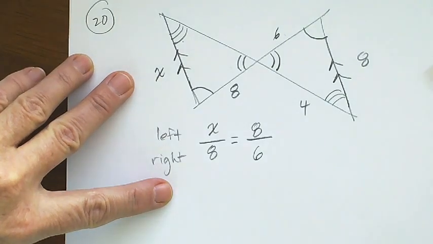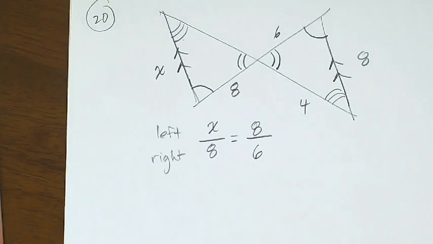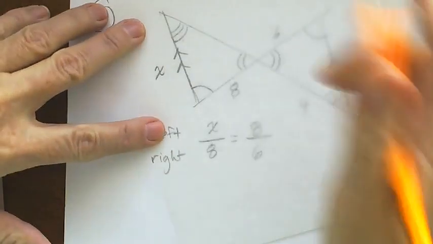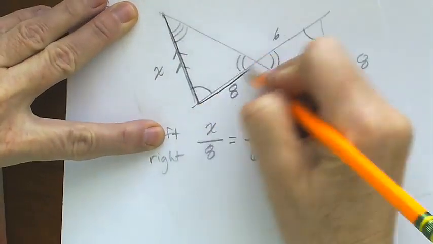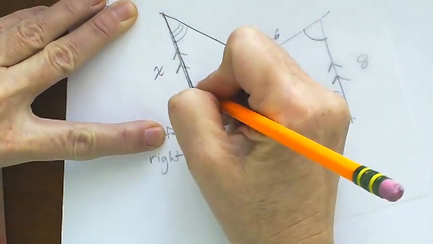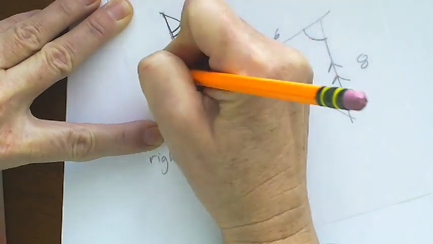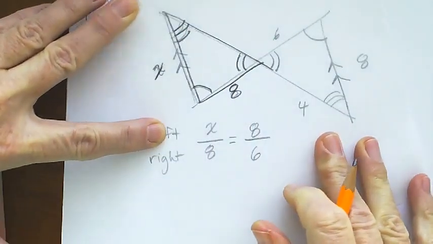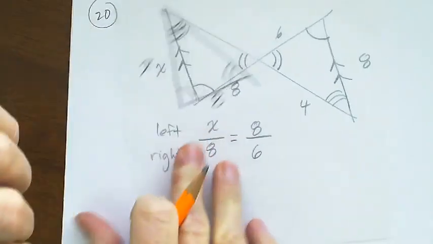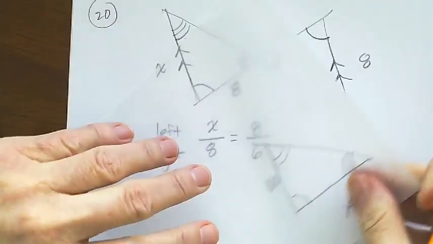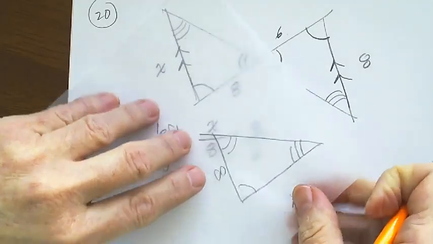Another strategy would be to just take some tracing paper and put all the information from one of the triangles on that diagram. Okay, and then I'm going to match up the angles, which isn't going to be perfect.